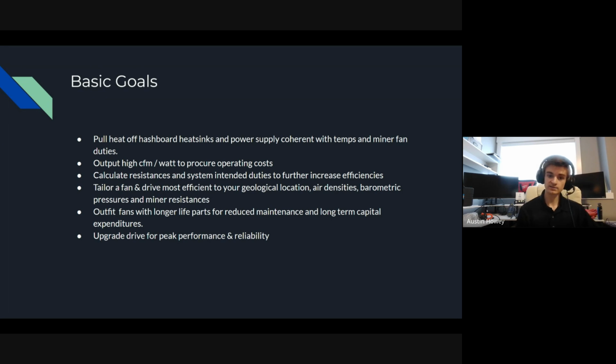I have noticed that some of the Watts miners, I don't know why, run extremely hot and also use a lot more air. I think it's just because of the fan design itself and the static resistances from the fan. But the overall goal for Bitcoin miners: on your hash boards, there's a heat sink.